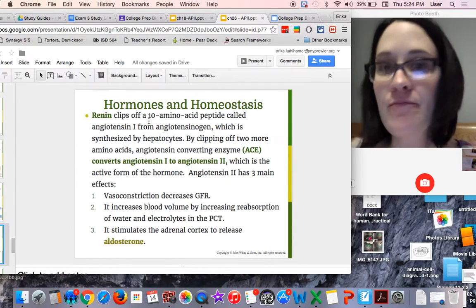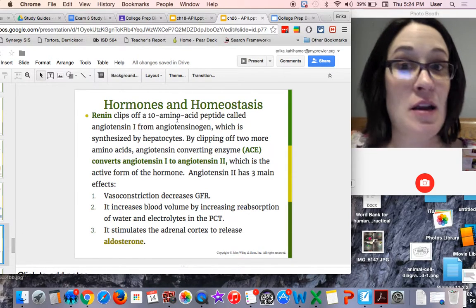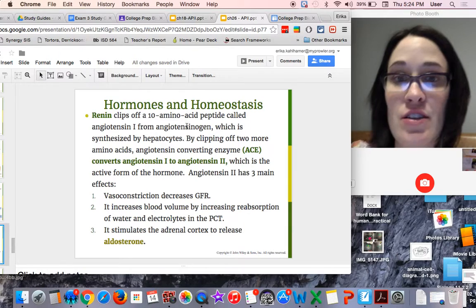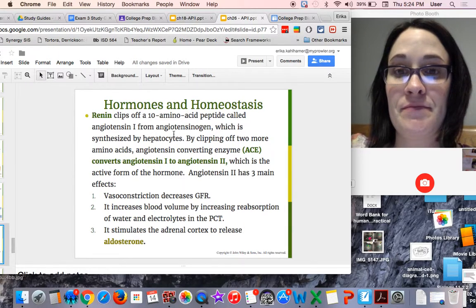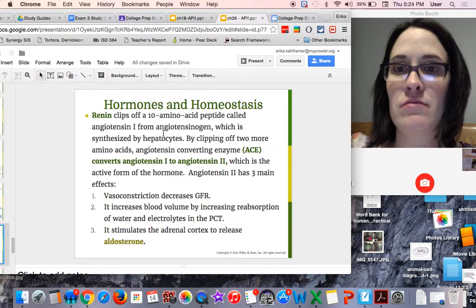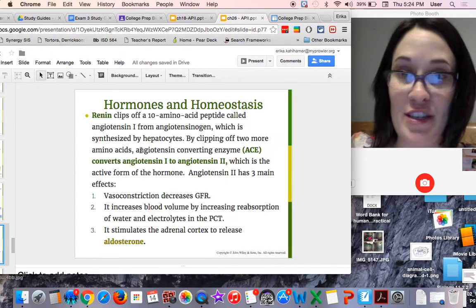That renin clips a 10 amino acid peptide, angiotensin I, off from angiotensinogen.